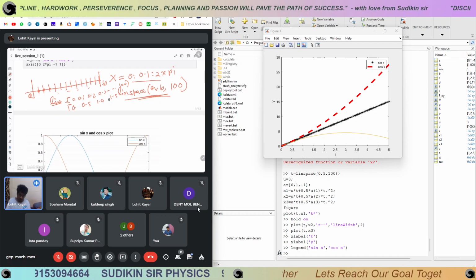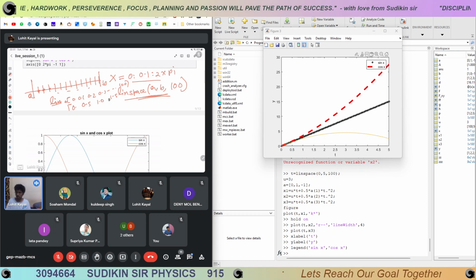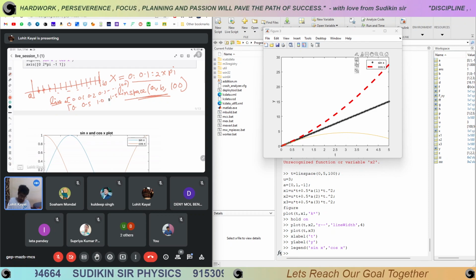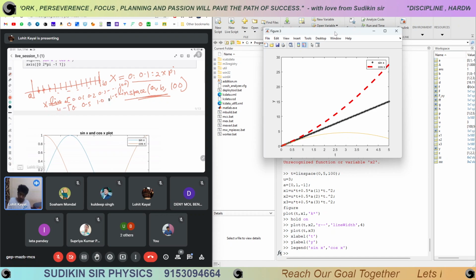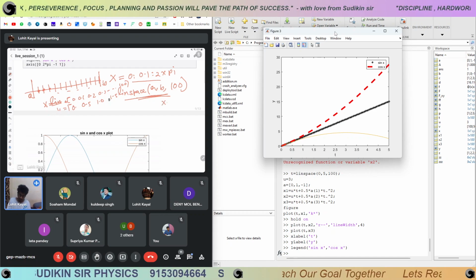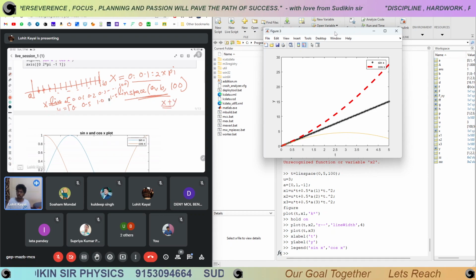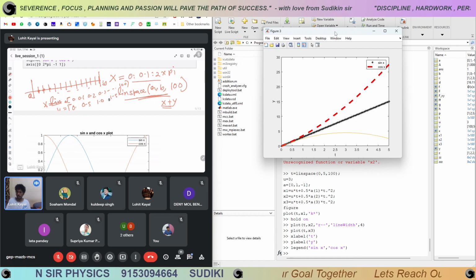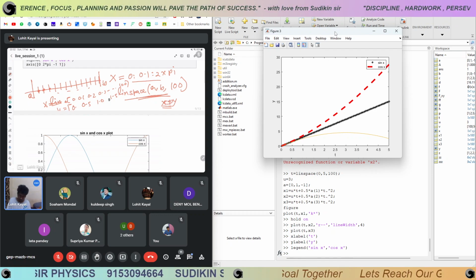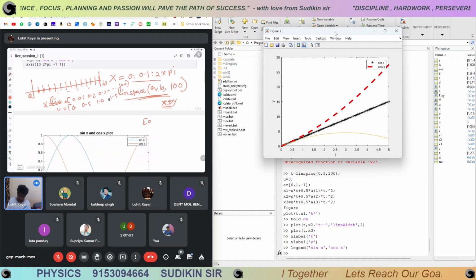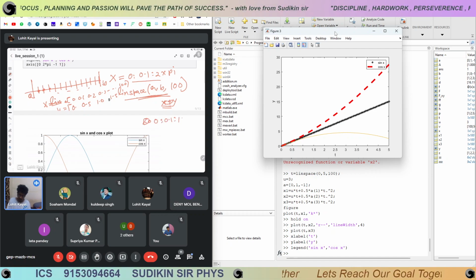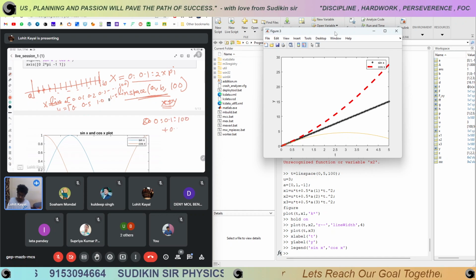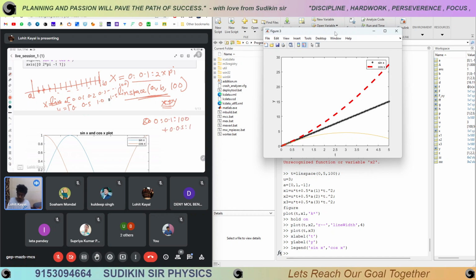Both vectors have to be the same size, otherwise you cannot do addition. Now you can provide a name to it, x equal to, and y equal to. If you simply add x plus y, it will give you the result. Or you can just write 0 to 0.1 to 100 plus 0 to 0.5 to 1000.